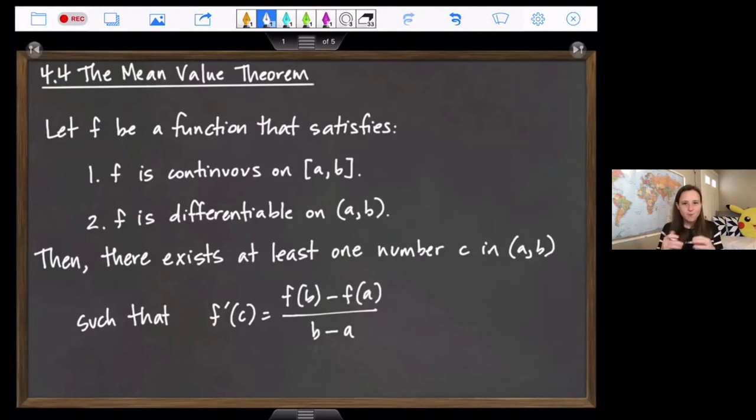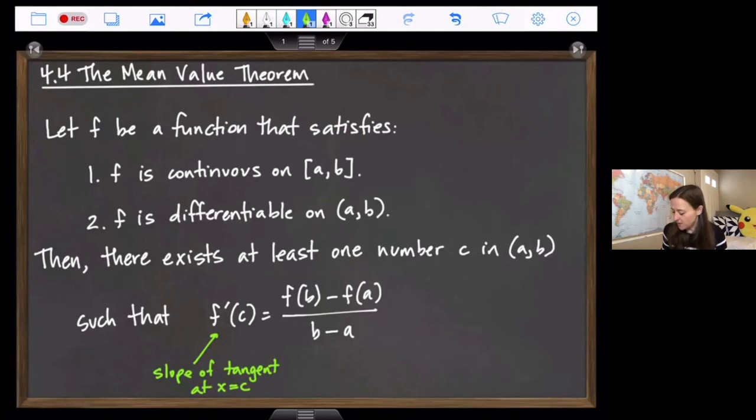And notice what that formula down at the bottom is saying. This f prime of C, that's the slope of the tangent line at x equals C. That was that red tangent line to the function in those Desmos files.